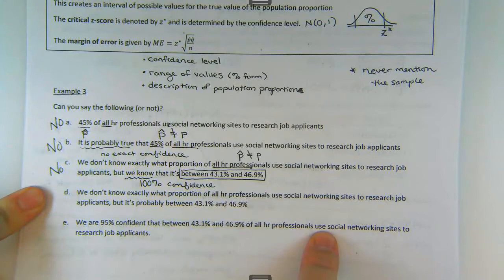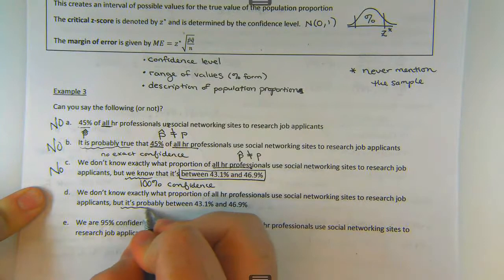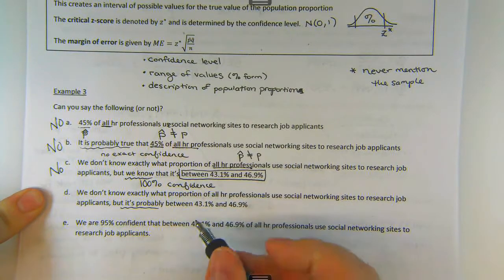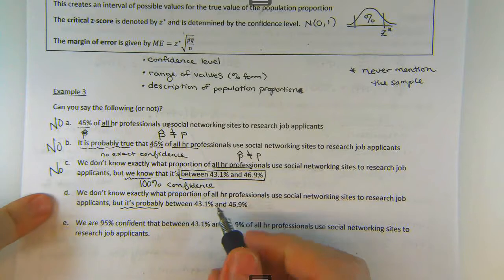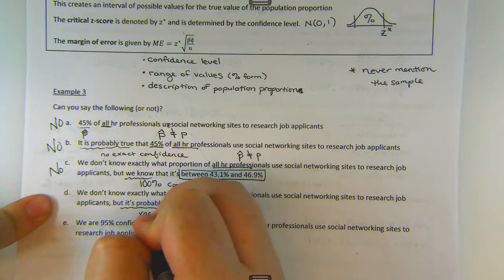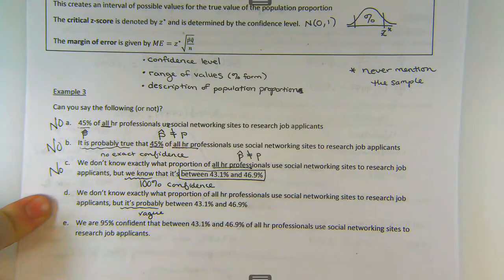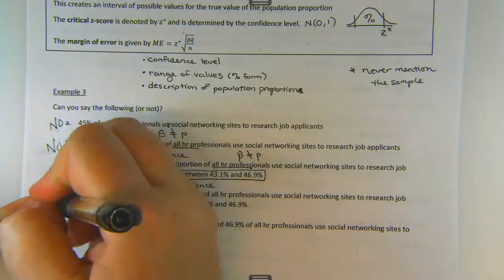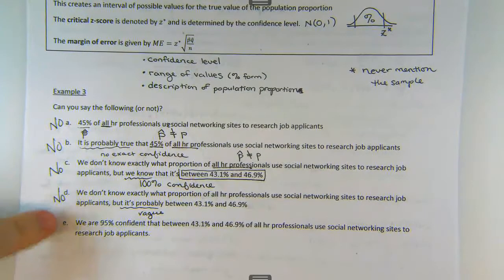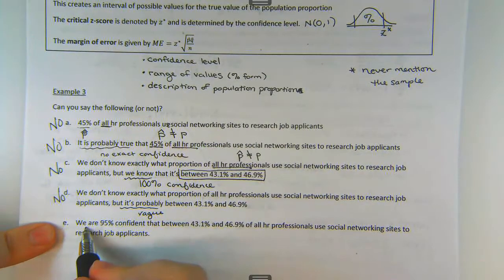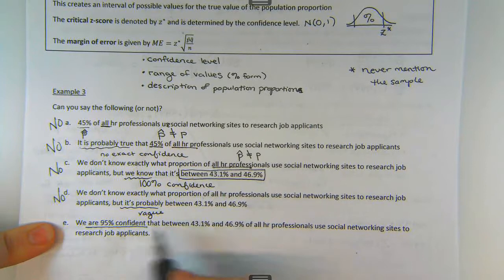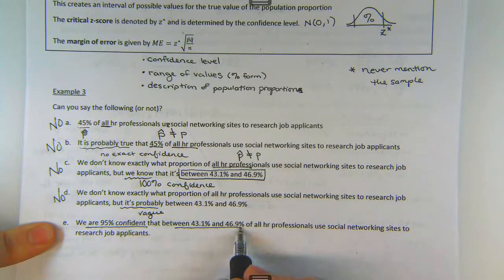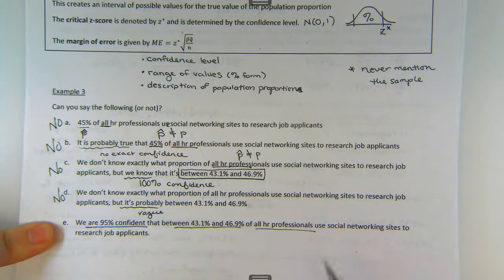This next one's very similar. It just changes it to, but it's probably between, and that gets better because it allows us to be incorrect, but it's too vague. It's a vague confidence level, so that doesn't work. This last one, we are 95% confident between those percentages of all HR professionals.